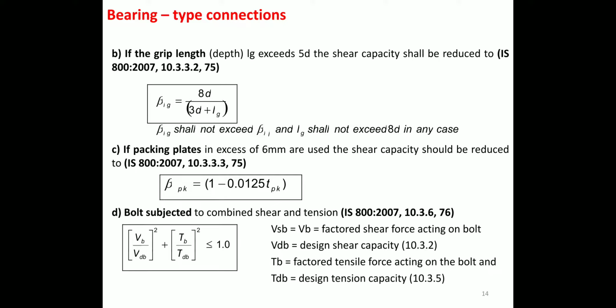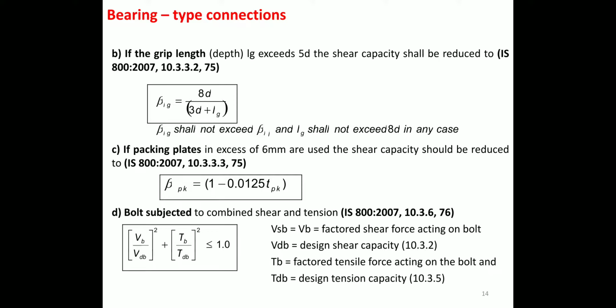Then coming to the next criteria, under shearing strength of bolt, that is bolt subjected to combined shear and tension, according to IS 800 2007, clause 10.3.6, page number 76. We have one equation: VB divided by VDB whole squared plus TB divided by TDB whole squared is less than or equal to 1.